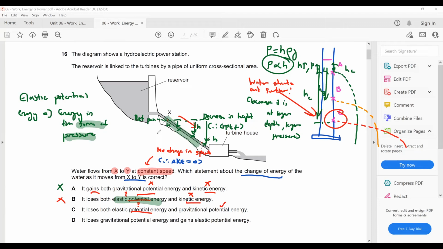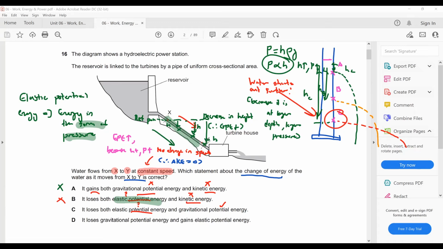So obviously, I would say that going here, your EPE is increasing because, maybe I use a different color, it's getting a bit messy. I will say that this part here, EPE increases because H increases, P increases.